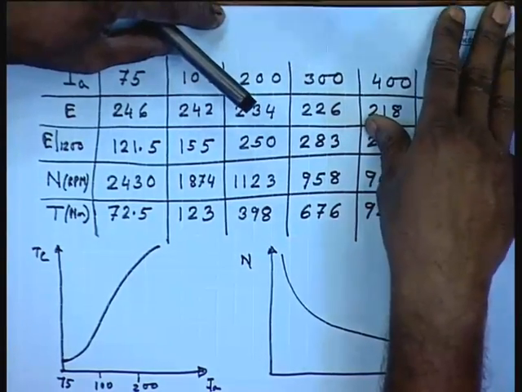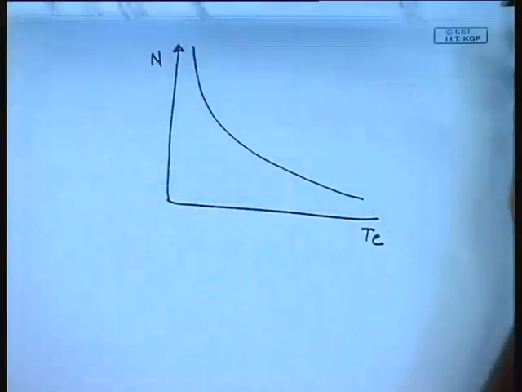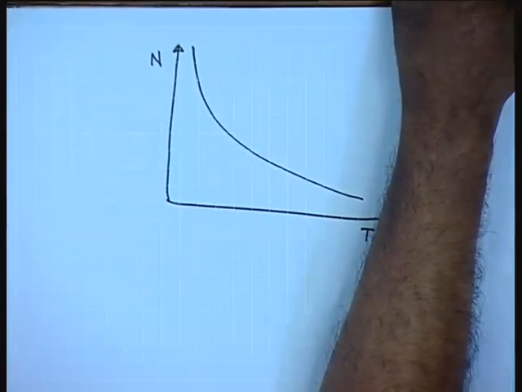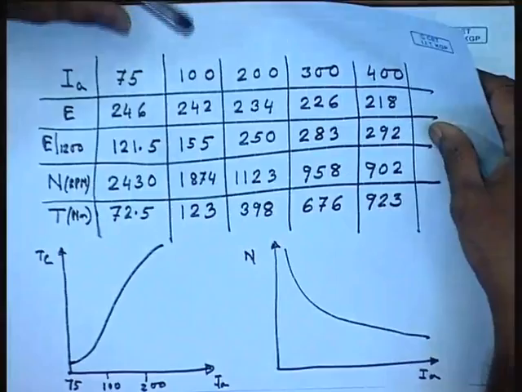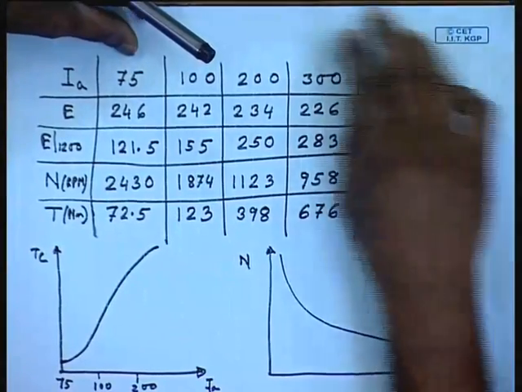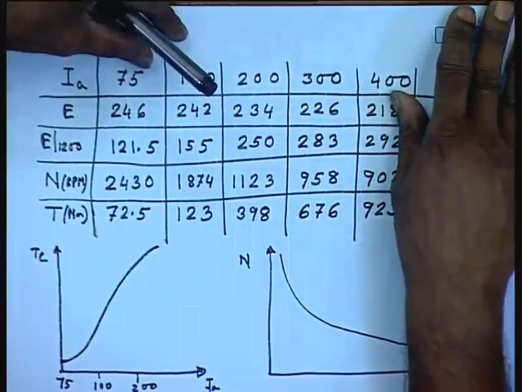In a shunt machine this is not so, therefore, the speed remains almost constant. So, a DC series machine must always be run with a load in order to avoid dangerous high speed.